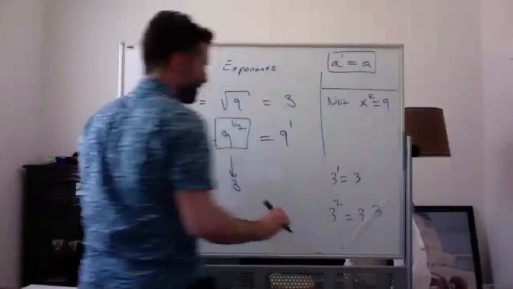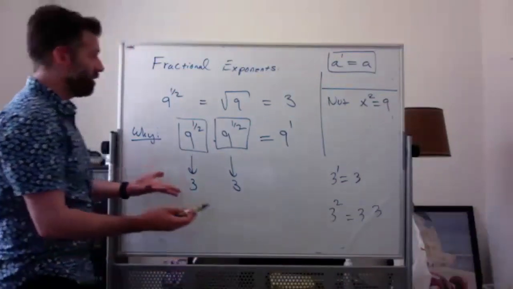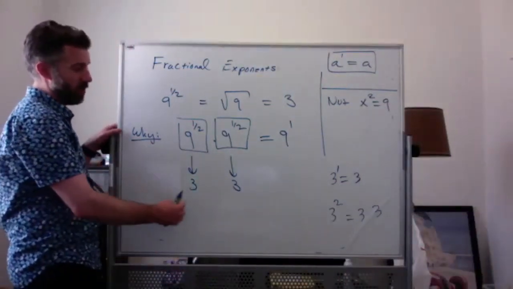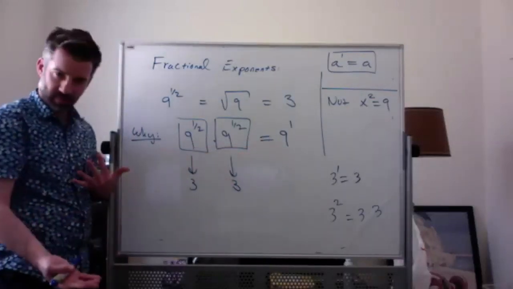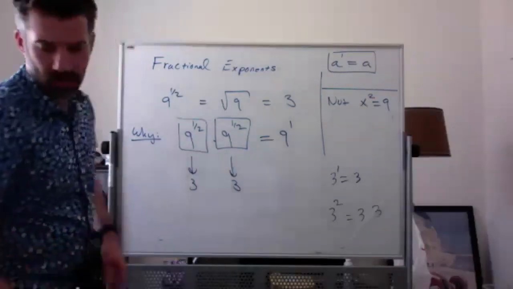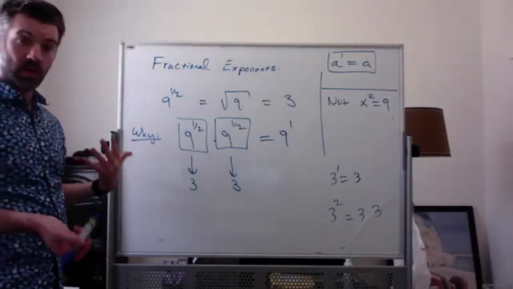I feel like the words here are not good with the math sometimes. So here, when you're looking for a number multiplied by that number again, equal to 9, the number has to be 3. So that's why a 1/2 power is a square root.